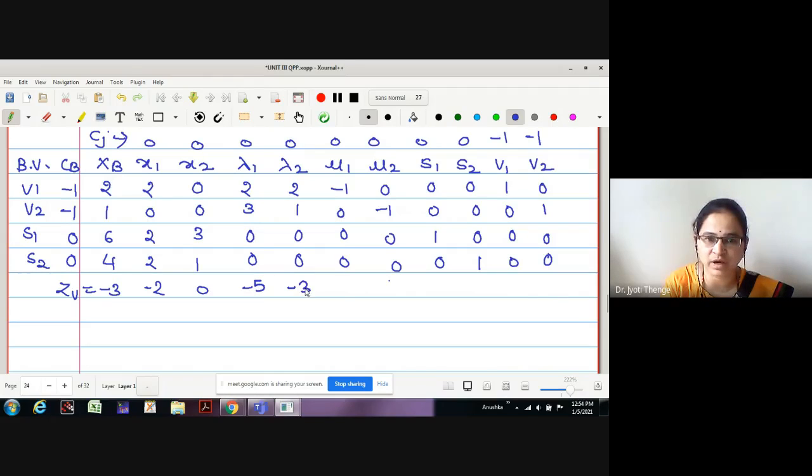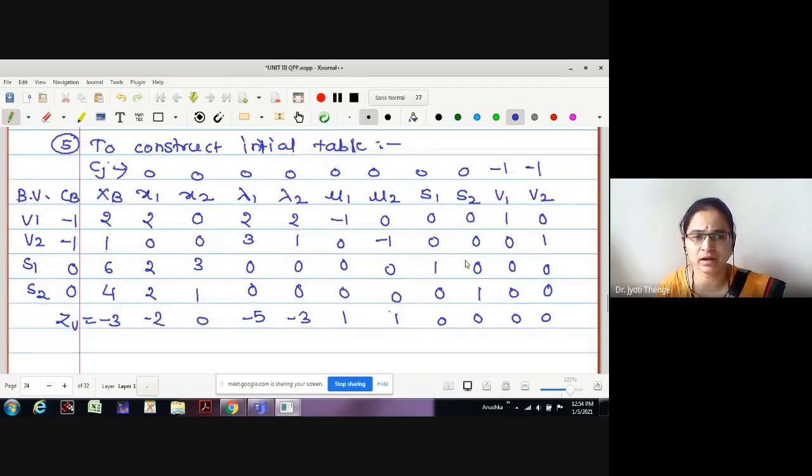Here it is minus 3, plus 1, plus 1, 0, 0. For V1 and V2 also 0, 0. Is the table understood clearly?